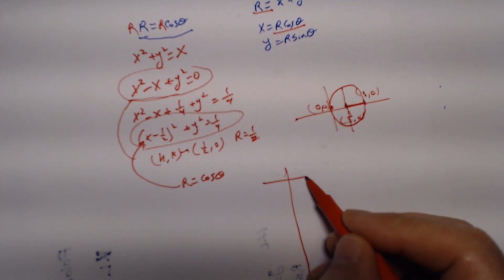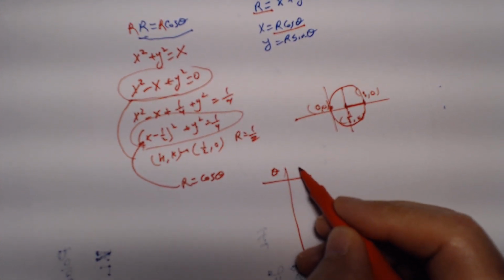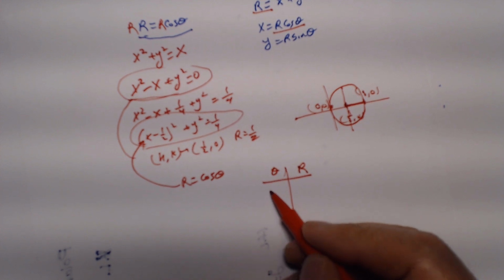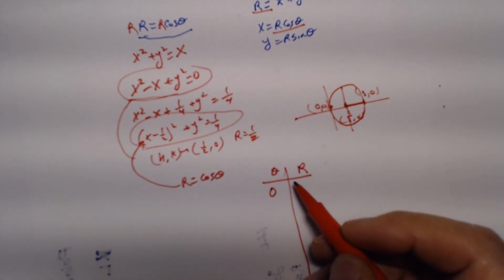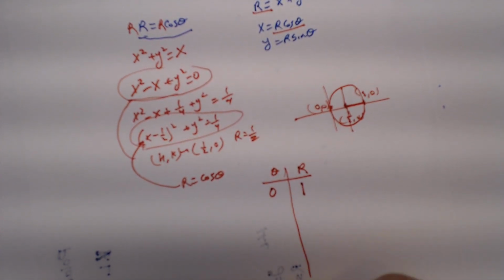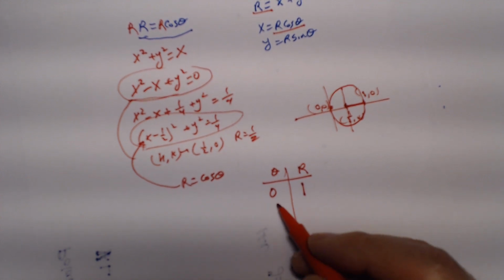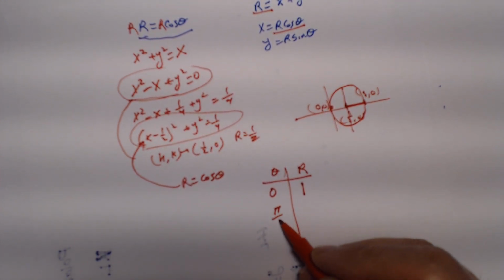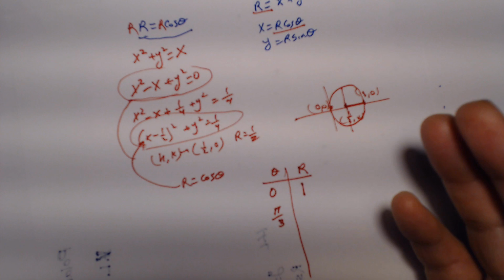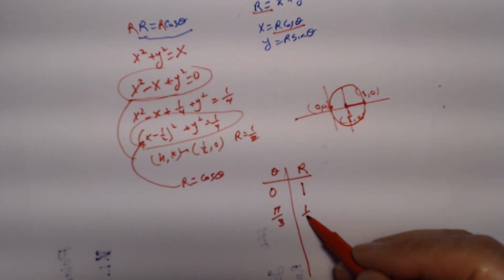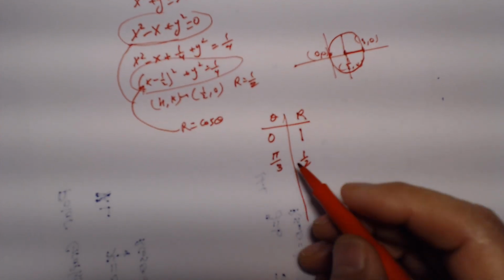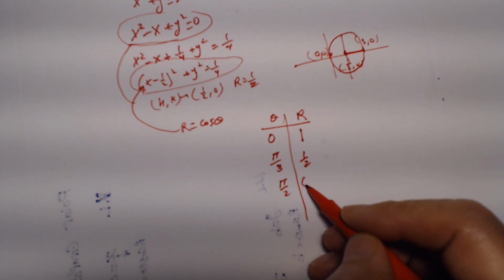Okay, let's see if we are right. Theta and r. If theta becomes 0, cosine of 0 is 1. If theta becomes pi over 3, I just pick up pi over 3 because I know the cosine is 1/2. And I pick up pi over 2, which is 0.